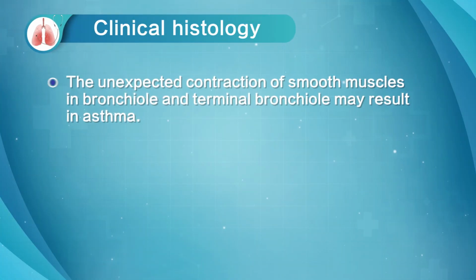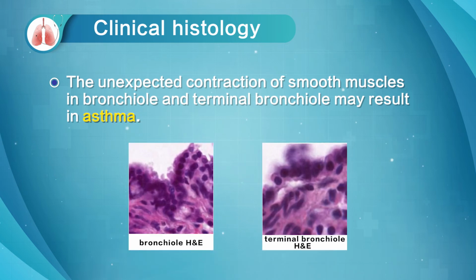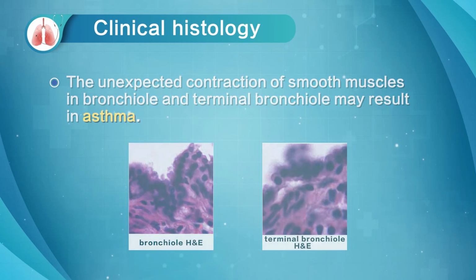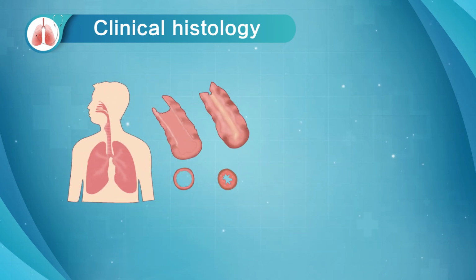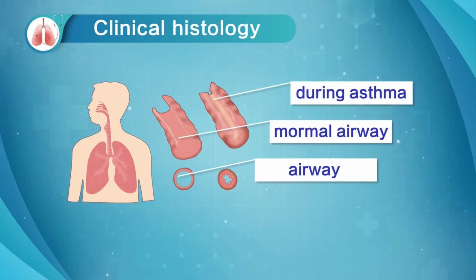Clinically, asthma often affects the bronchioles and terminal bronchioles. There is no cartilage in these parts. The sudden contraction of smooth muscles may lead to complete blockage of the already narrowed lumen. This can explain why Huchi suddenly woke up at night feeling severely short of breath.